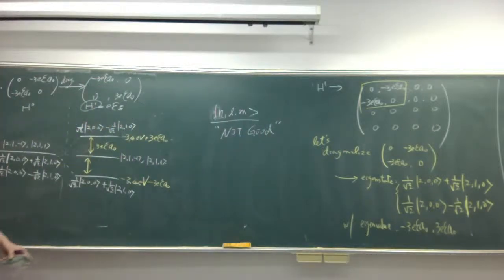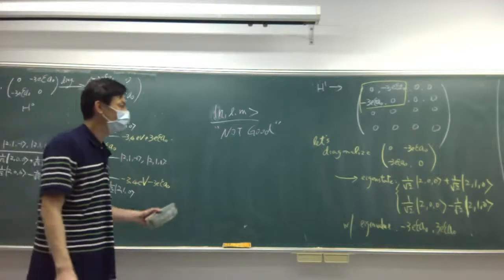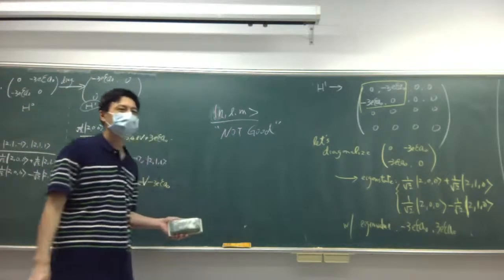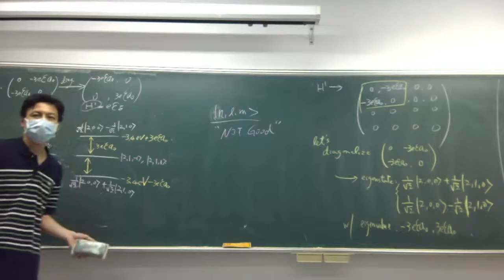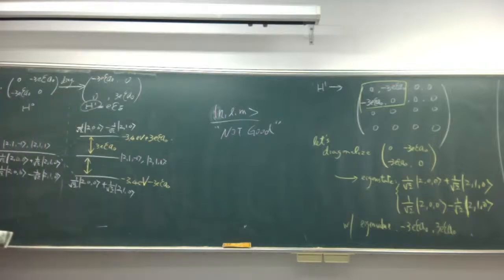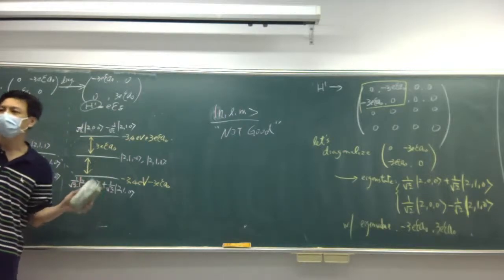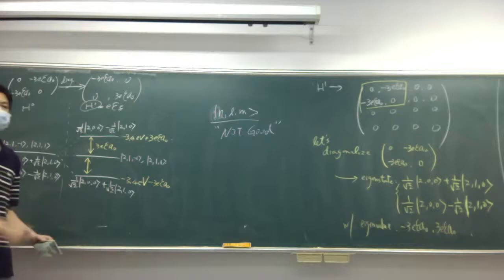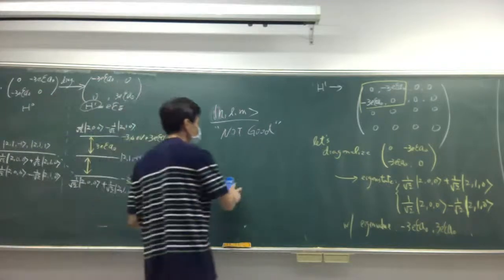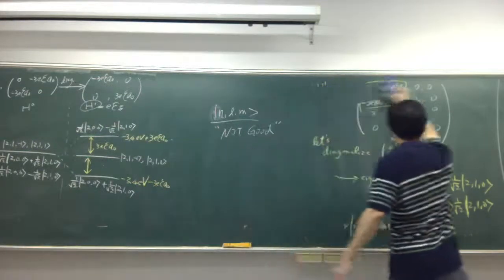So if you think that it may be difficult or very ambiguous to find the so-called good basis, there's another way you can find it.